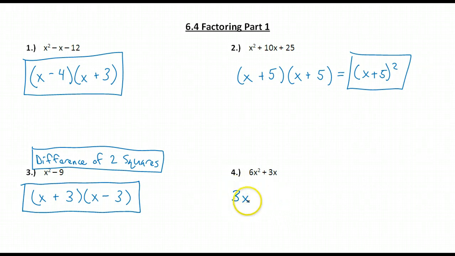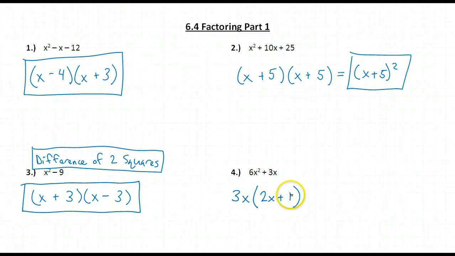So I'm going to factor out of this binomial 3x. So if I factor a 3x out of 6x squared, I'm left with 2x. And if I factor a 3x out of 3x, I'm actually left with 1.